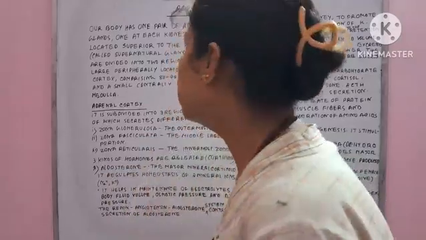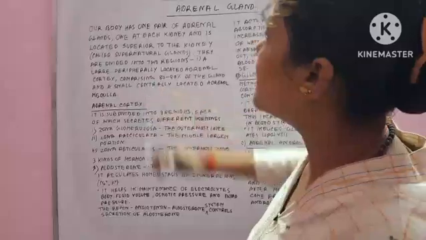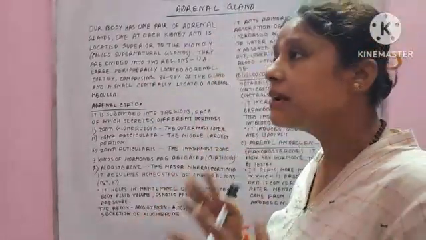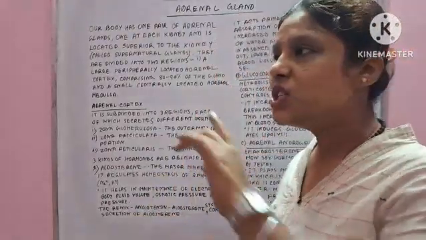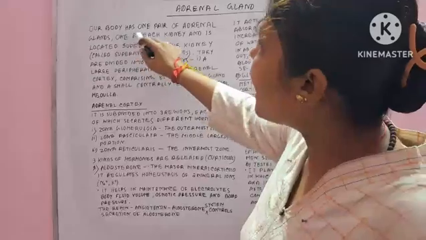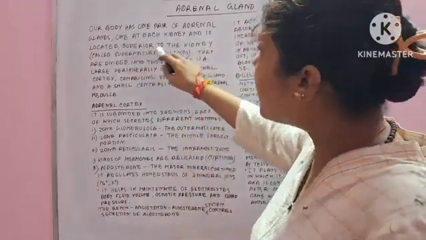Okay. So, the adrenal gland. Our body has one pair of adrenal glands, located just on the upper side of the kidney, one at each kidney, superior to the kidney.